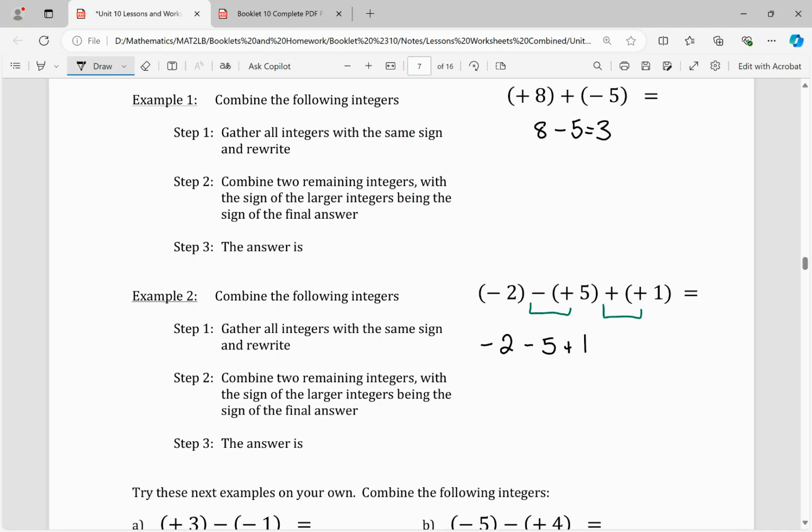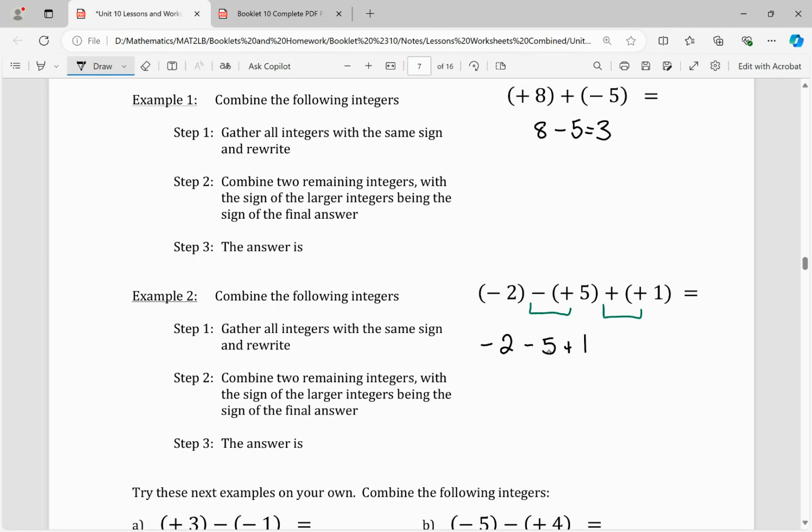Now, negative 2 minus 5. Let's start there. Negative 2 is already a negative number. We're already below 0, and we're getting even smaller than that. We're at negative 2, and we're getting 5 smaller. So that's going to bring us all the way from negative 2 to negative 7.